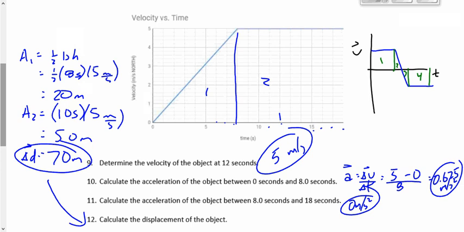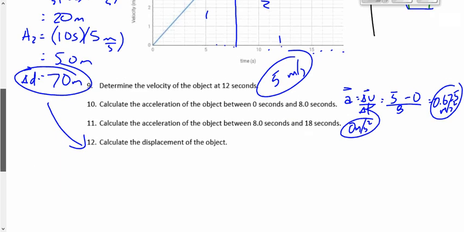Does that make sense? What's the difference between area 3 and 4 and 1 and 2? Yes, we would make them negative. Right? It's a negative velocity, which means you're going to get a negative displacement in there, right? So if this happened to be 20 above the x-axis and 50 below the x-axis, we'd say 20 plus negative 50 gives us negative 30, and our total displacement would be 30 to the south in that case. All right?